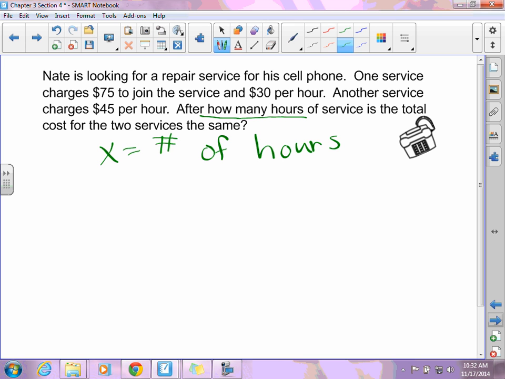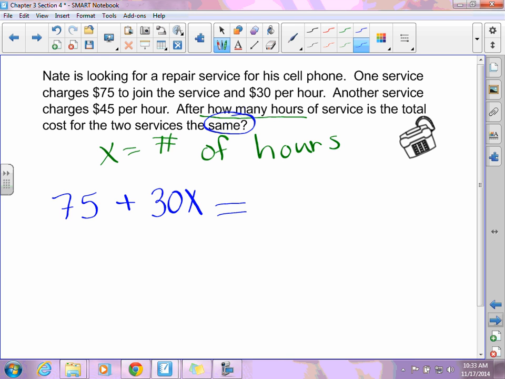All right, now the key is this. They want to know the total cost for the two services when they're the same. So I'm going to have an equal sign in between. The first repair service is $75 like a fee, just to send your cell phone in, and then it's $30 per hour.